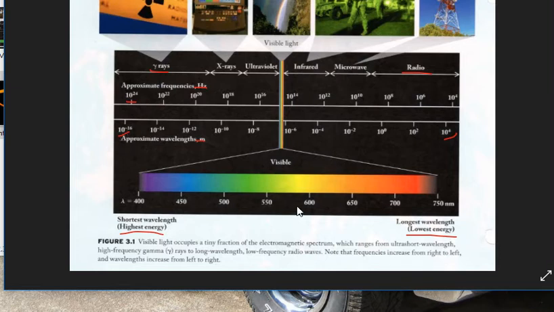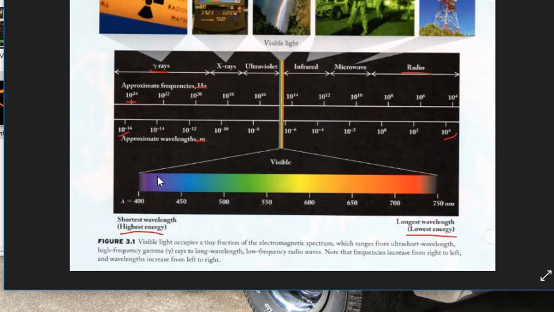Now, when we look at light specifically inside our spectrum, it's kind of the same thing. Over here we have red light, and red light is 750 nanometers for wavelength, and it's also some of the lowest energy. If you remember the disc players that have red lasers in them, it's over here with low energy.